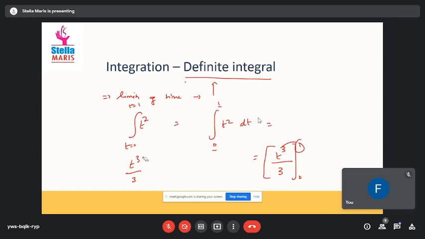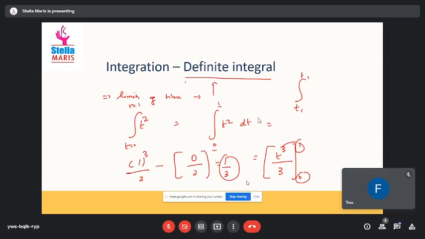In the place of t you substitute 1, that is 1 cube divided by 3, minus the value where you substitute 0, that is 0 by 3. So 1 by 3 is the answer. That is a definite integral: an integral with limits of time t1 and t2. Do you understand this?